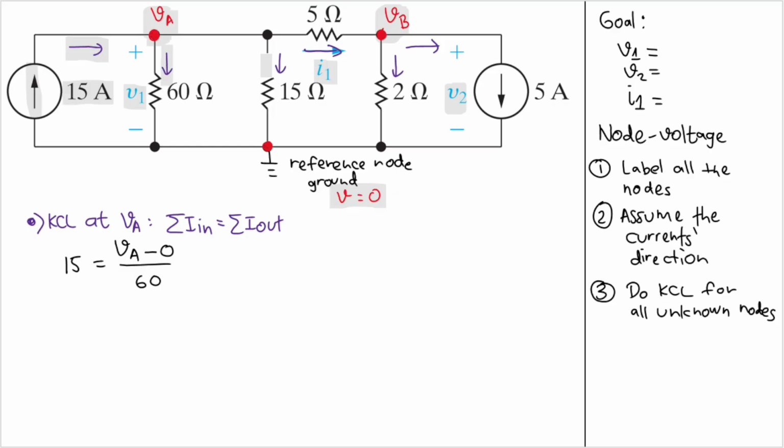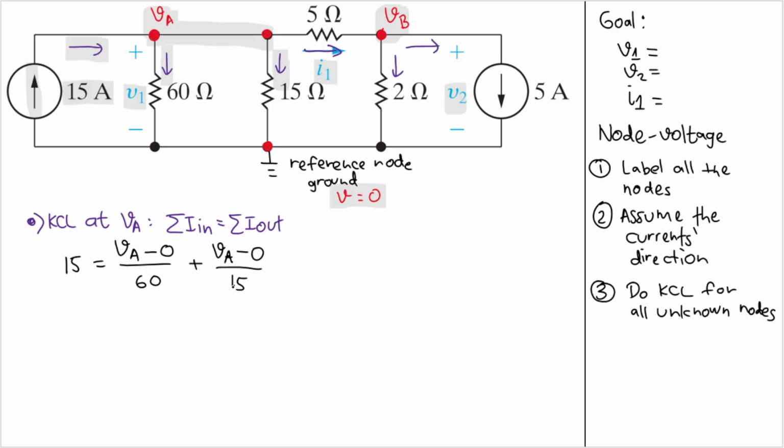Okay, the same thing here. Let's see this current here. This also goes out from VA, because this is directly connected. Look at that. And so we will have VA, where the current comes from, because it comes from this node, which is VA, and then it goes to the reference node. So we will have VA minus 0 divided by 15, right?